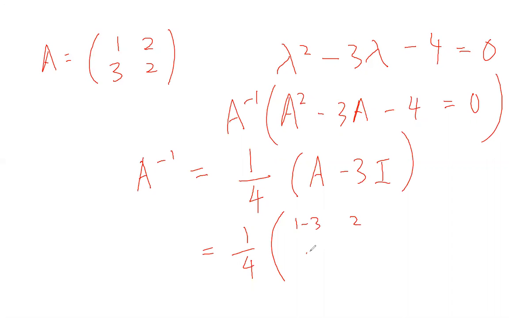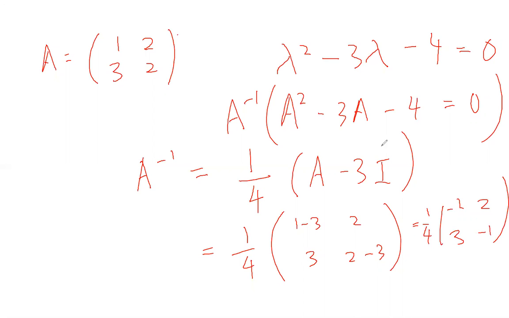I just write first: 3, 2 minus 3. So I got 1 minus 3, negative 2, 4, negative 2, 2, 3, negative 1.